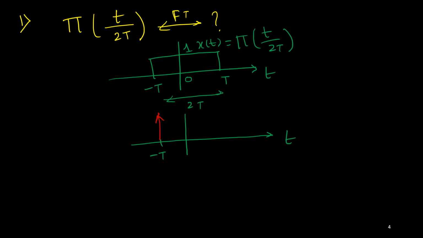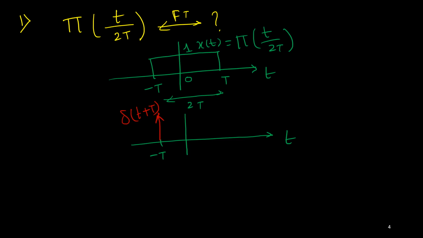It's a positive impulse, and we'll call it delta of t plus capital T, since it is located at minus T. From minus T to plus T, it is constant, so the derivative is 0.